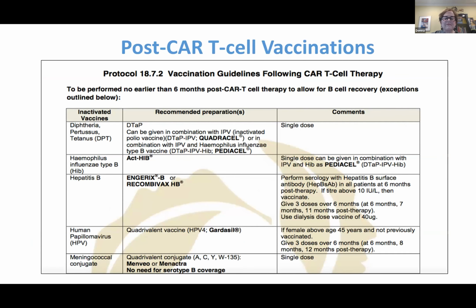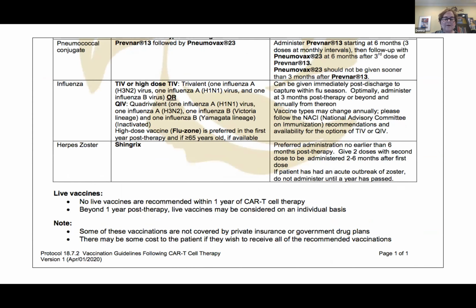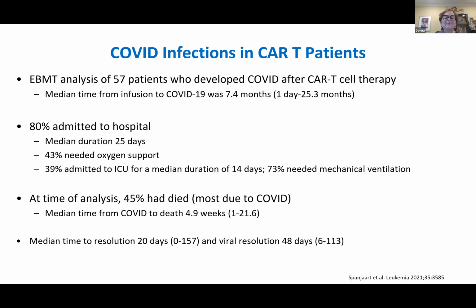Revaccination: we have an extensive revaccination recommendation to start at least 6 months later to allow some recovery of immune function. No live vaccinations within at least a year. I never give live vaccines to my stem cell transplant or CAR T patients, but the recommendations are a little more liberal.